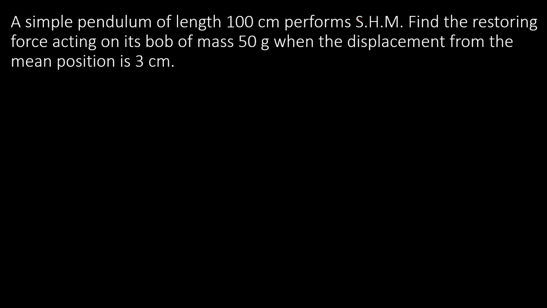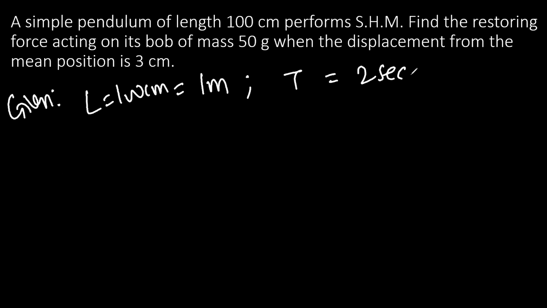A simple pendulum of length 100 centimeter, and find the restoring force of this one. Given, what is the length? 100 centimeter, that is 1 meter. Where is the 1 meter length? In the second pendulum. Okay. So that means the time is also given. That is 2 seconds. At that time the time period is 2 seconds.